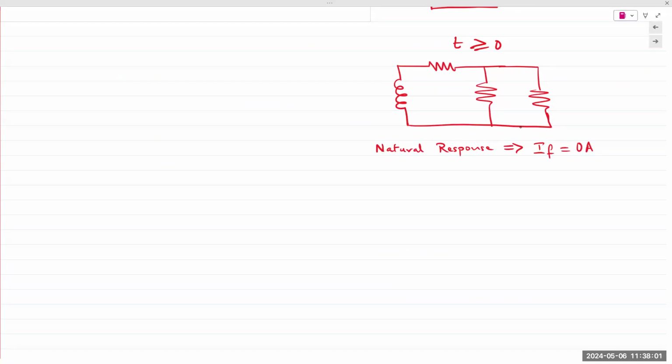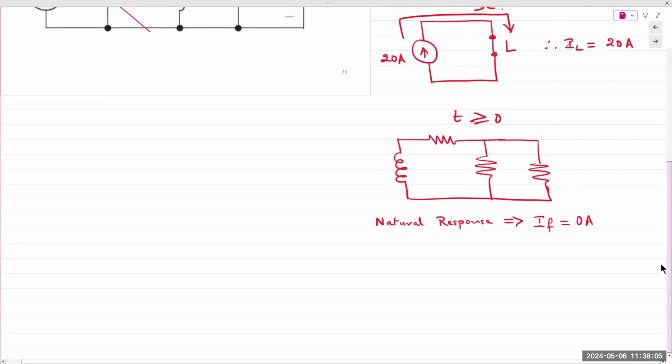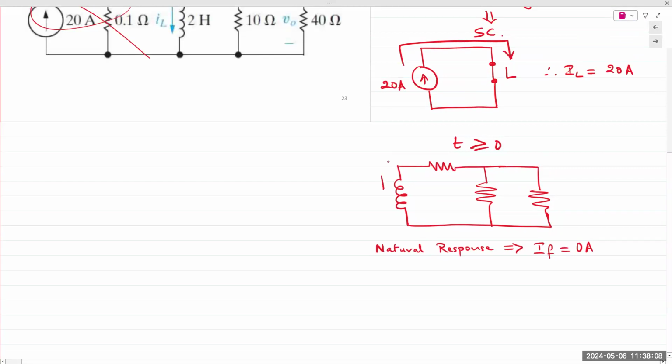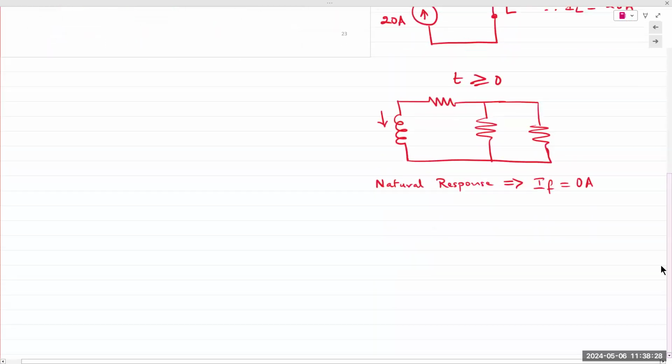What about the beginning point? II. When we begin our analysis, we have current through the inductor. Current through an inductor cannot change instantaneously, meaning the current in the inductor after the switch is flipped and before the switch is flipped is exactly the same. So the initial value of the current has to equal the current in the fully charged inductor, which is 20 amps.